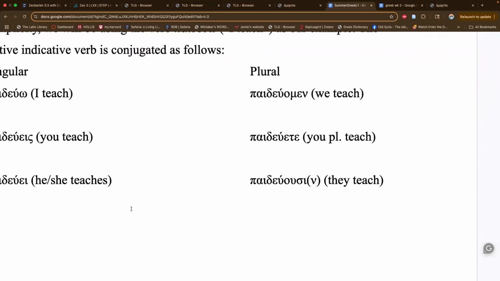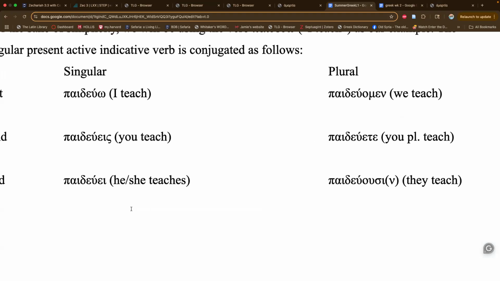Then the plural, for we, thelomen. Yep. Thelete. The OU is going to be the oo sound. So thelousi. So thelo, theleis, thelei, thelomen, thelete, thelousi.